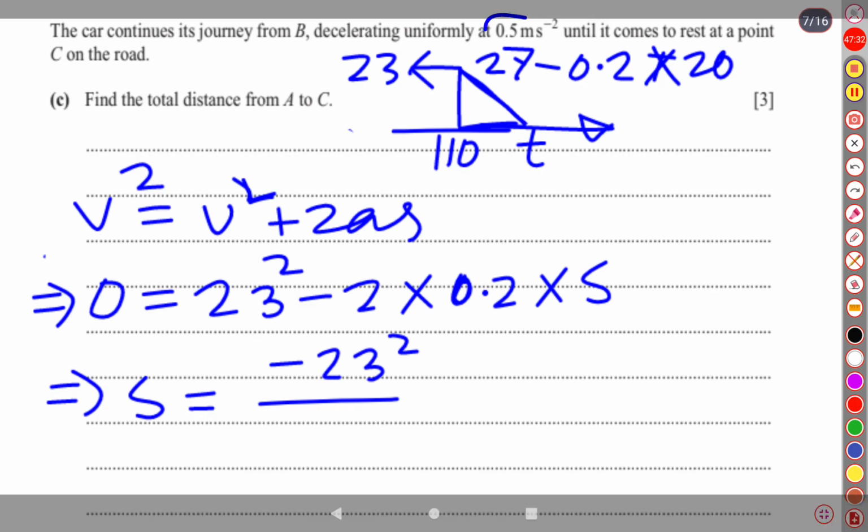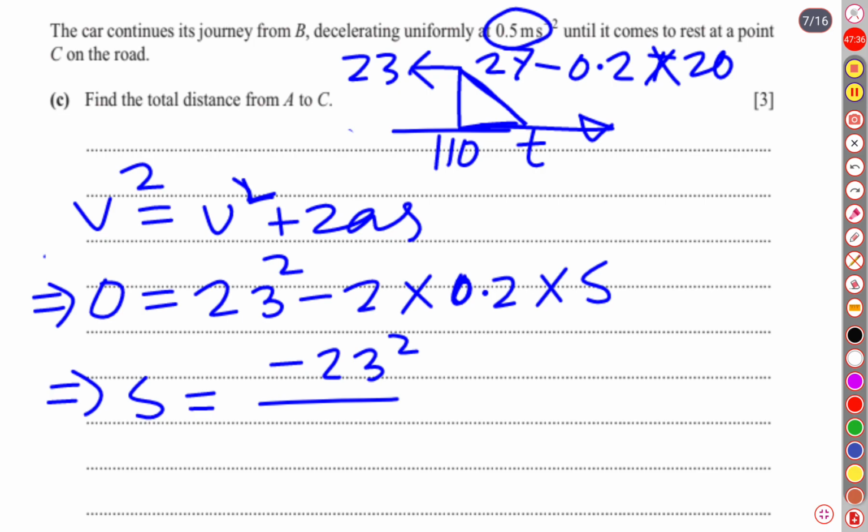Okay, acceleration is 0.5, so it's not 0.2. Let us write 0.5. Then 2 into 0.5 is 1, so it is going to be actually negative 1. Hence our s is 23 square means 529. This is for the final part actually.